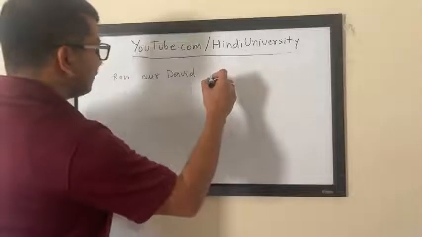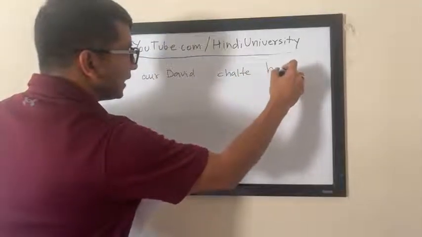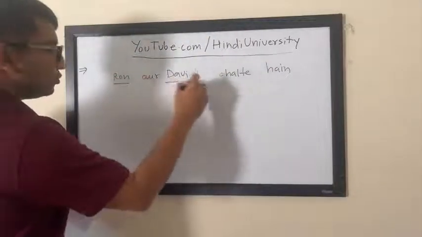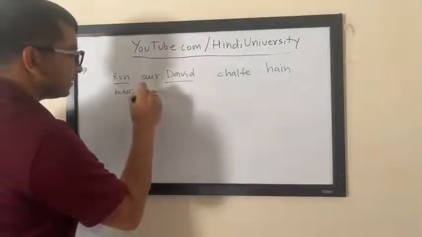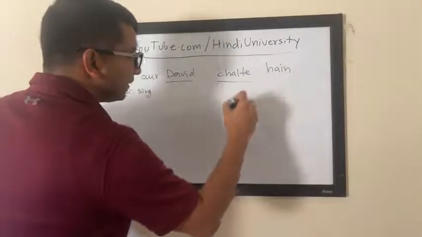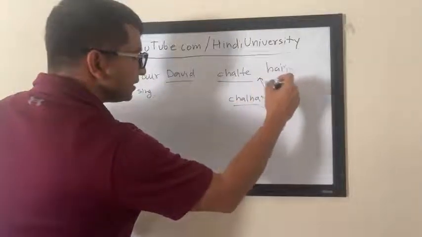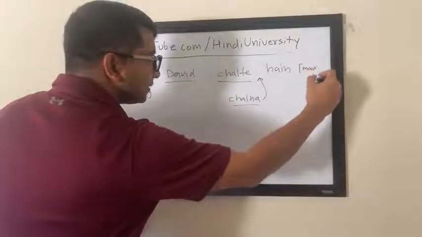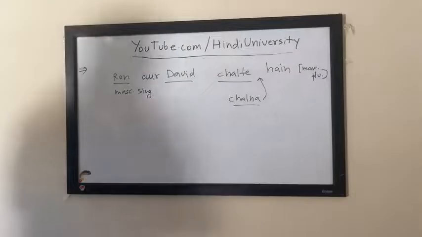So when we have Ron or David, chalte hain. Two masculine singular when used together, the verb here is chalna, but when you're using it, it's used as masculine plural. I'm going to write down a quick summary from the previous class.